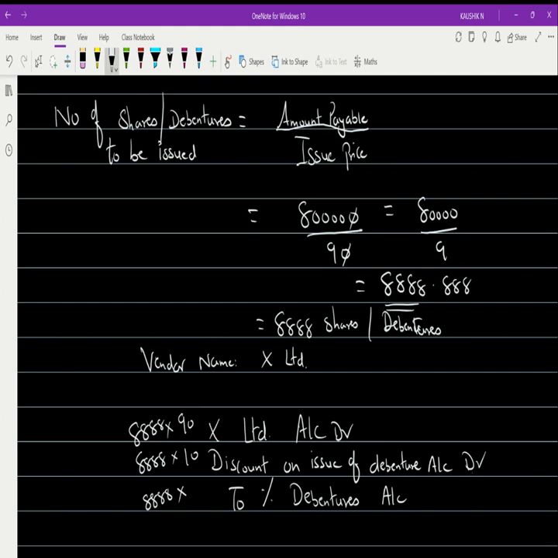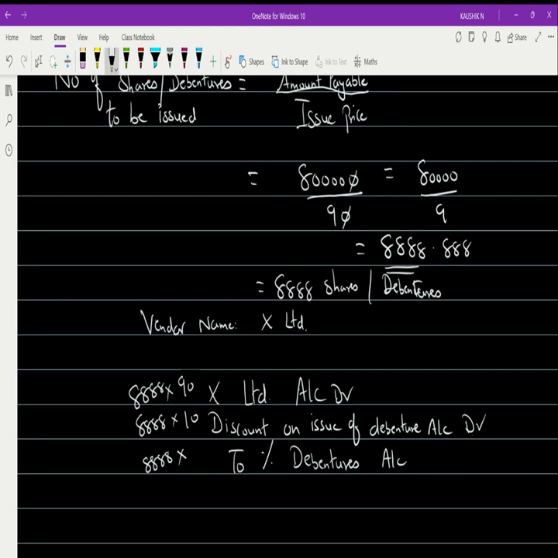At what issue price are you issuing? At 90 rupees. Correct? Now you calculate and tell me what is the amount that you'll get if you multiply 90 with 8,888. If you multiply 8,888 into 90, what is the amount that you'll get? You'll get an amount of rupees 7 lakh 99,920.